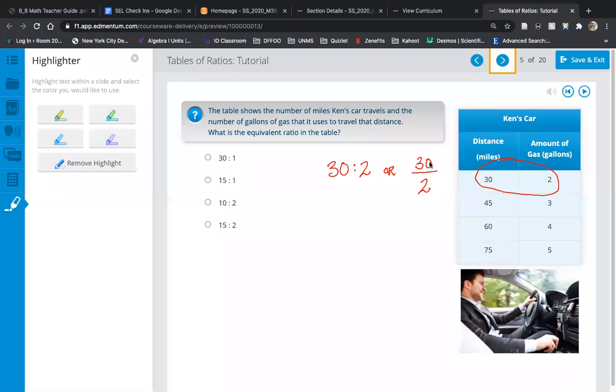Okay. Just remember, when we simplify these fractions, we're trying to think about finding common factors. Something else you can do is divide in most cases. 30 over 2 is 30 divided by 2, which gives 15, and I can write 15 as the fraction 15 over 1.